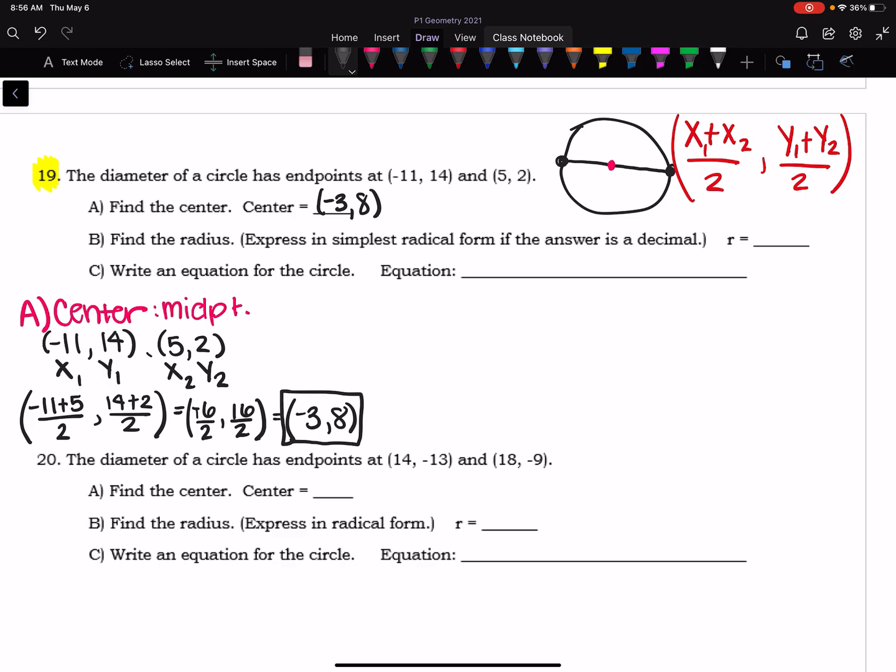Part B is finding the radius. In general terms, a radius is just the distance from the center to a point on the circle. So we can use our distance formula to find the length of the radius.